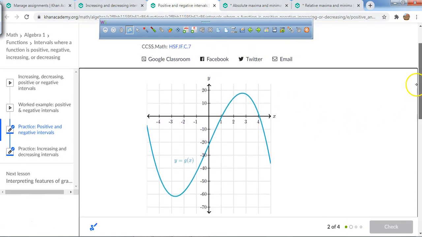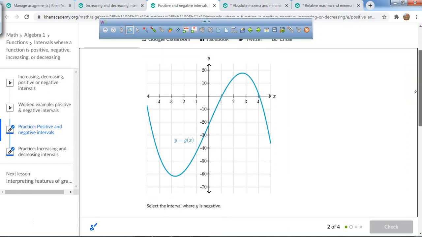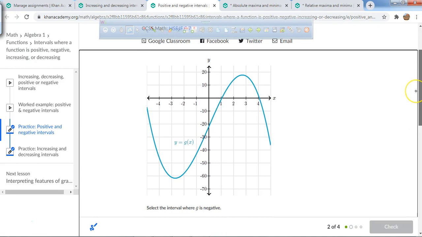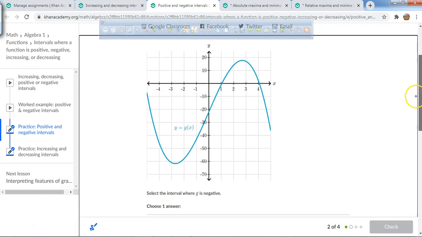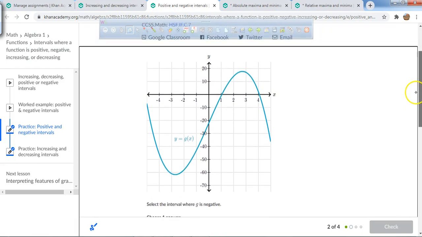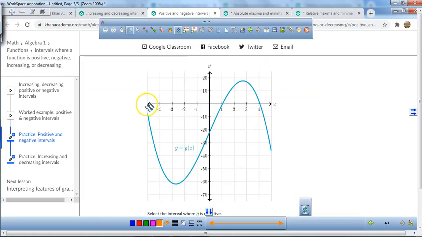This is going to take a little bit more time. So let's think about positive and negative. It says select the interval where g is negative. So it's not talking about where it's decreasing. It's just talking about where it's negative. This is where it gets a little bit tricky. Here is where g of x is 0, since that's the y value.